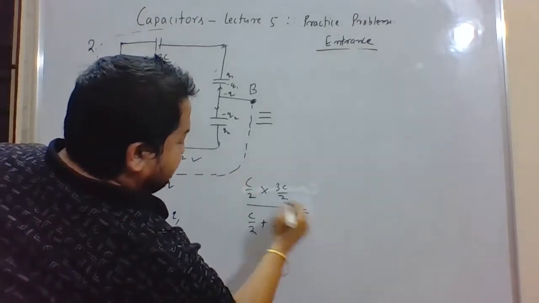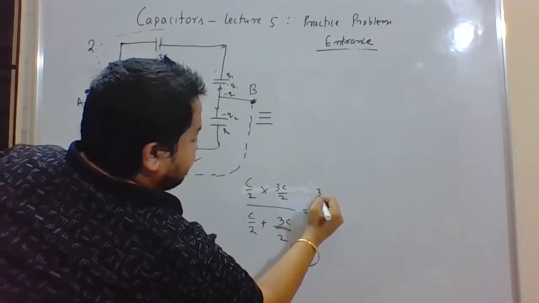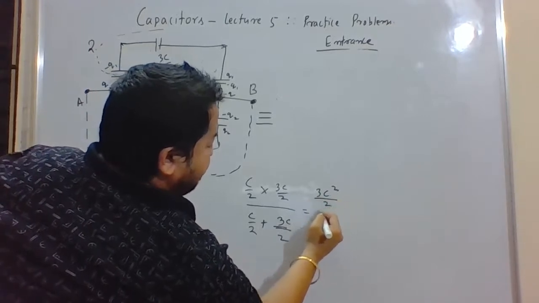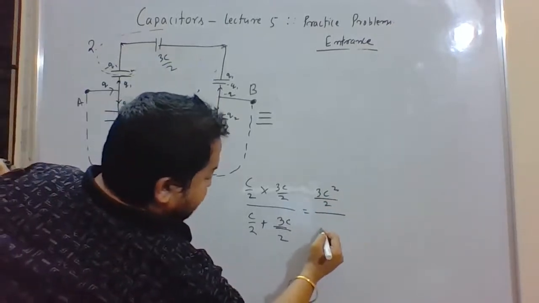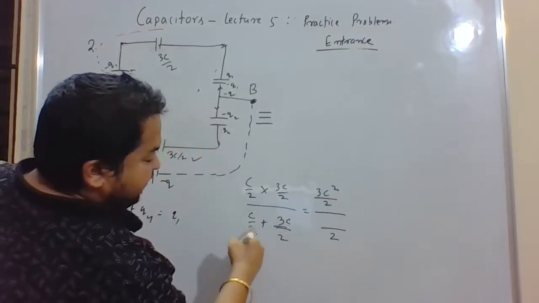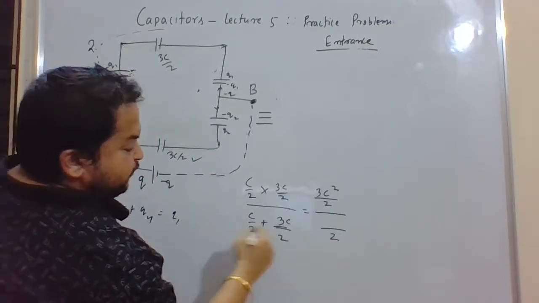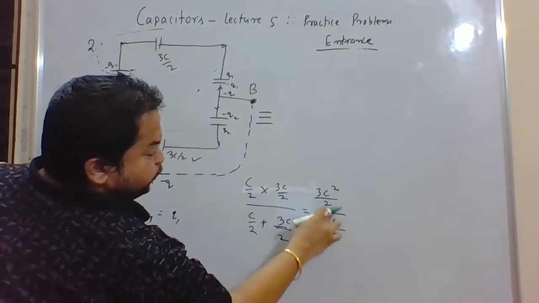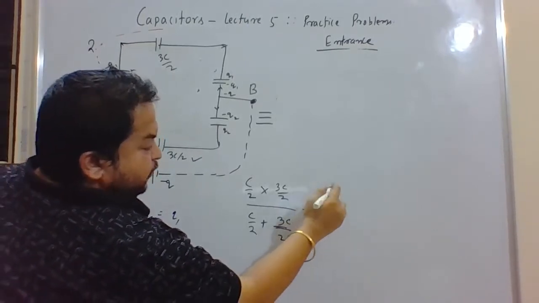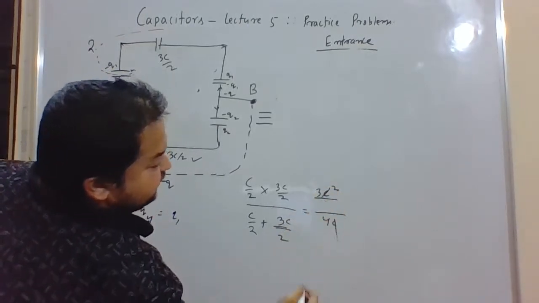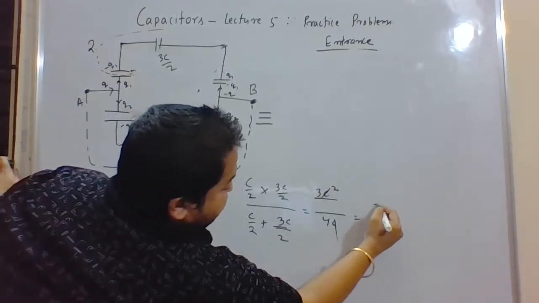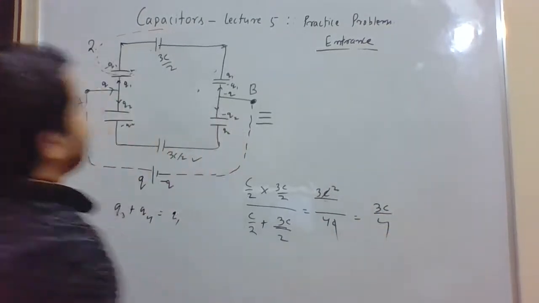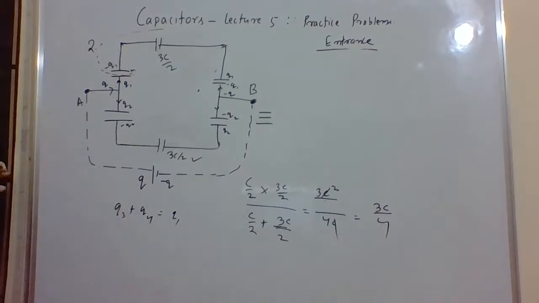In the numerator we get 3C squared by 4, and in the denominator C plus 3C is nothing but 4C. So 2 cancels out, C cancels out, so this is nothing but 3C by 4.